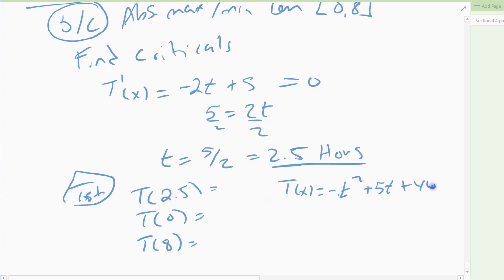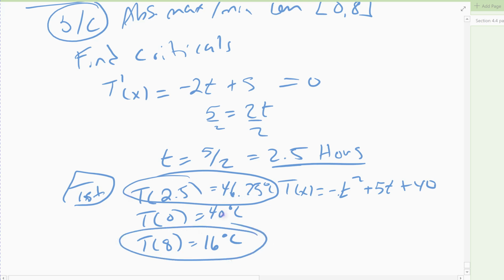So 0 is easy. At 0, it was 40 degrees Celsius. 8 and 2.5, I have to plug those in. When I plug 8 in, I get 16 degrees Celsius. And when I plug 2.5 in, I get 46.25 degrees. So those are my temperatures. And so the maximum would be here, and the minimum would be there.